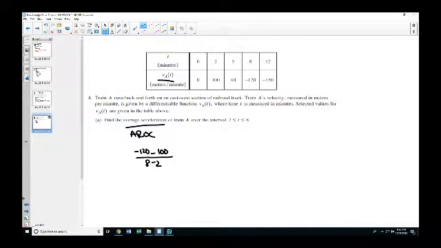Now, what if the problem says, what is the average velocity? Then you do 0 to 12.